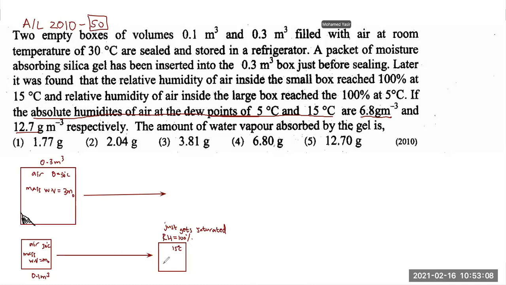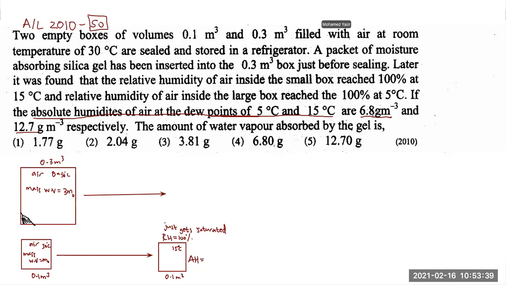At that time, guys, what will be the absolute humidity? Now it is saturated. So the absolute humidity inside this, they have given the number at 12.7. Is it 12.7? Wait, carefully read it. Relative humidity of the small box becomes 100 at 15 degrees Celsius.